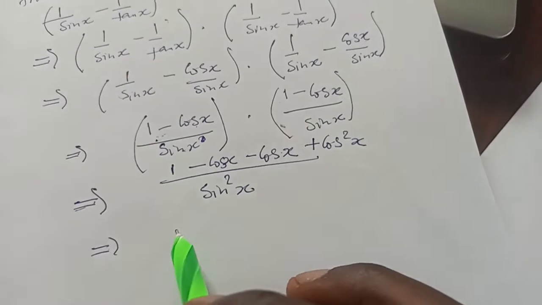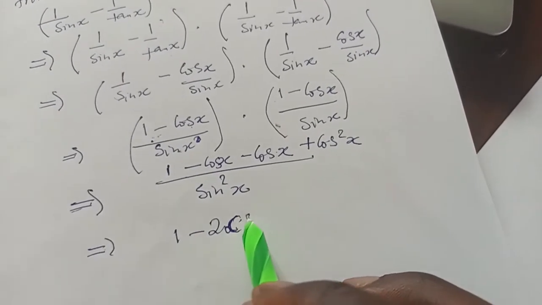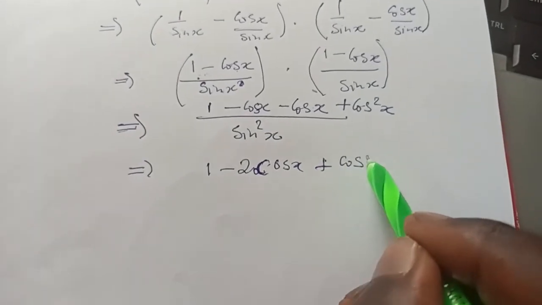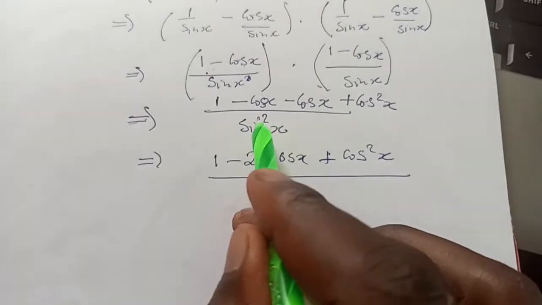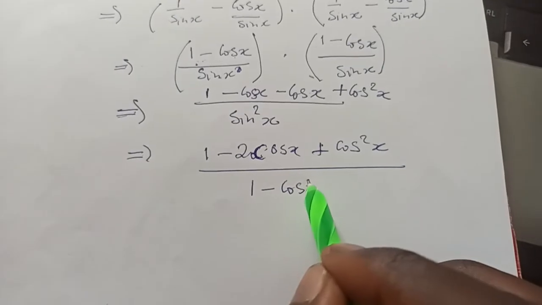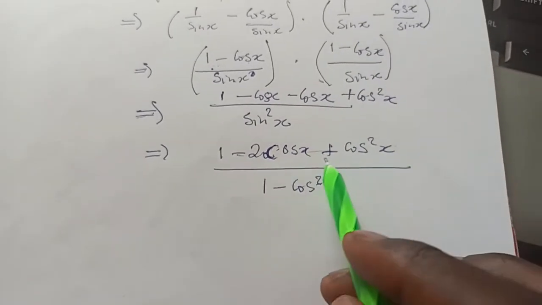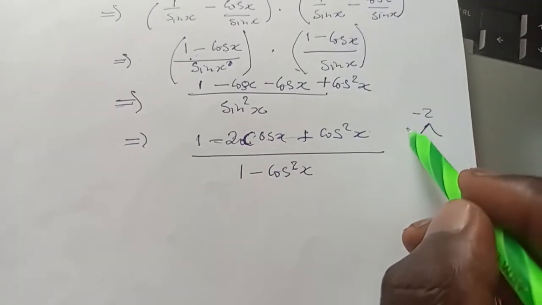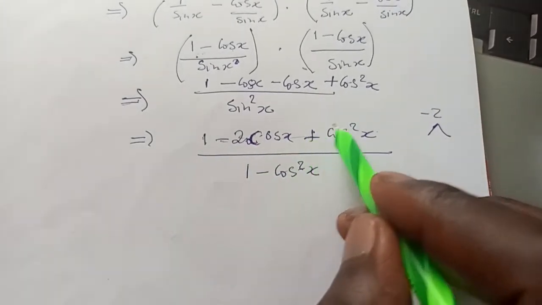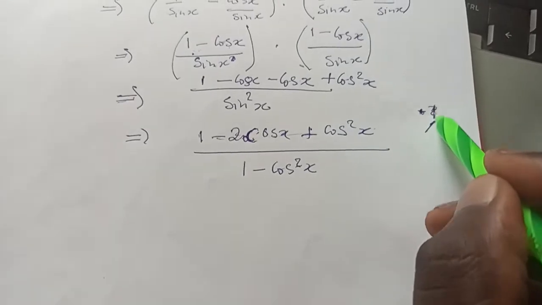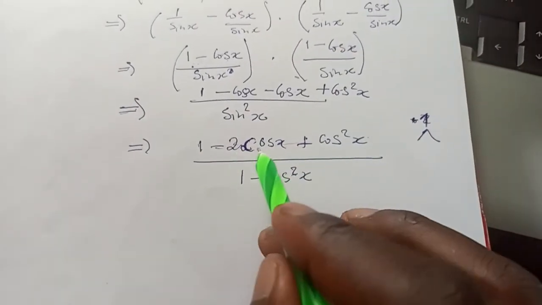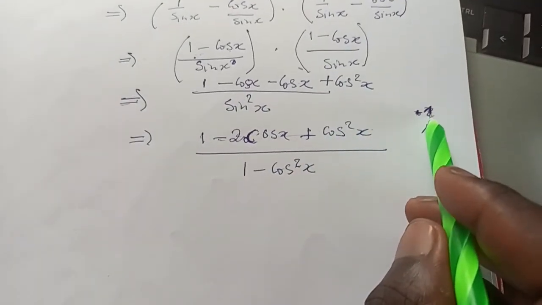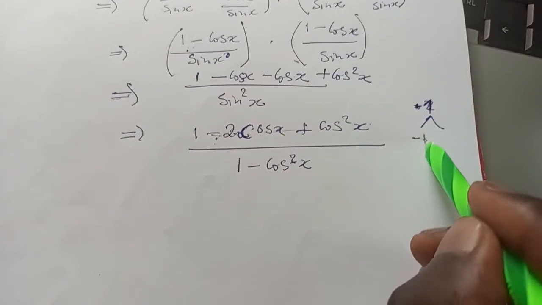So we have (1 − 2cos x + cos²x) over, this one also is an identity, 1 − cos²x. The numerator is a quadratic, so you can factor it: two numbers that multiply to give 1 and add to give −2, so the answer is −1 and −1.